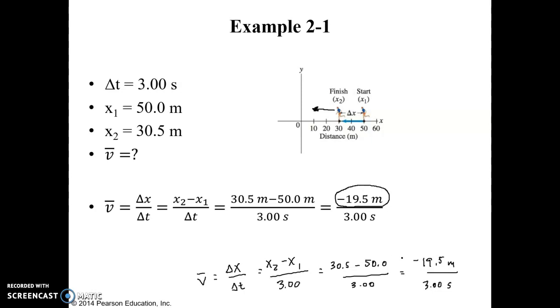If we divide that negative 19.5 by 3.00, we get negative 6.50 meters per second. So we're just dividing our change in position by the change in time. The direction is indicated by the negative sign. So we're going to the left at an average velocity of 6.5 meters per second.